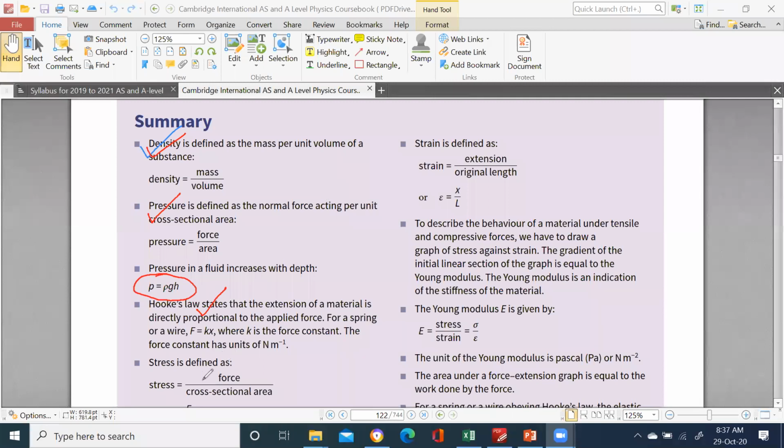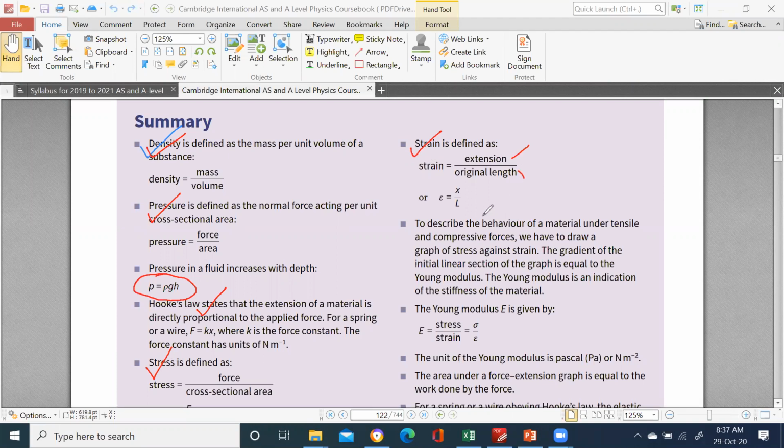Then we introduced ourselves to Young's modulus, whereby we looked at what stress is. We did some computations here as well. We looked at what strain is. And one thing to remember is that when you're calculating the strain, always pay attention to the units of extension and the length.